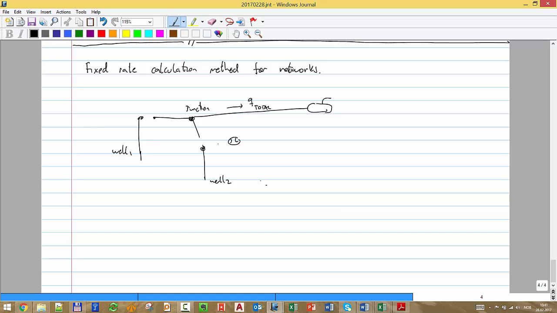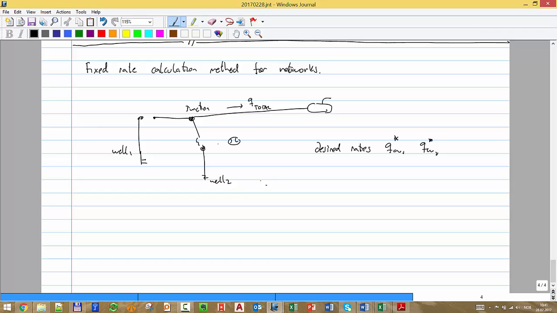So I fix desired rates, Q well 1 star and Q well 2 star. Those are my desired rates. So that's my point. I have to go co-current all the way to that point and counter current all the way to that point.